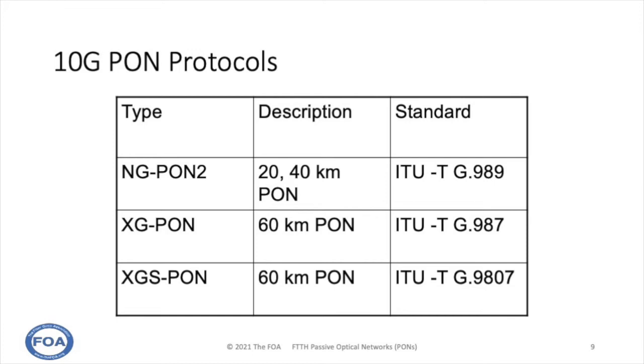Since the original introduction of GPON a decade ago, engineers have been very busy developing, of course, the next generation. And that next generation of GPON is 10 gig GPON. There are 3 different versions. The differences are somewhat subtle, but basically they're designed to go longer distances at very much higher speeds and with more splits to cover more users.